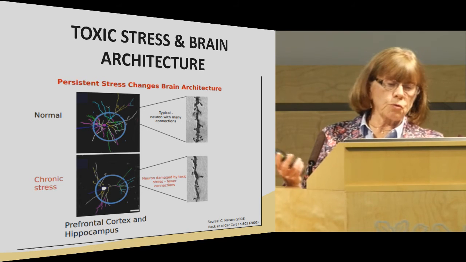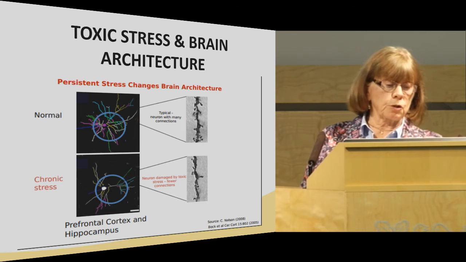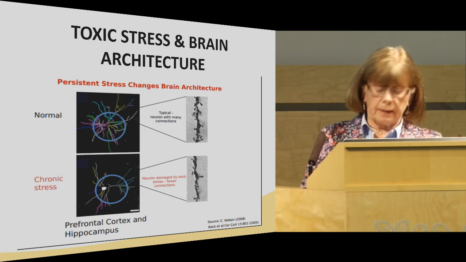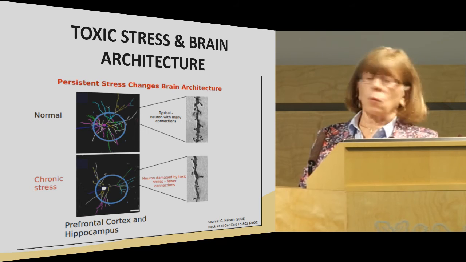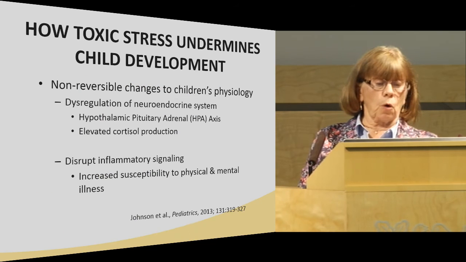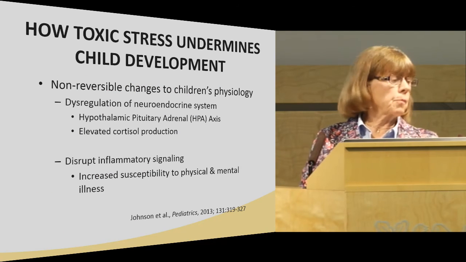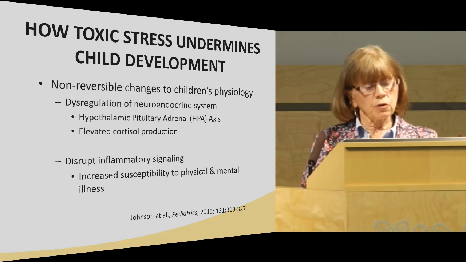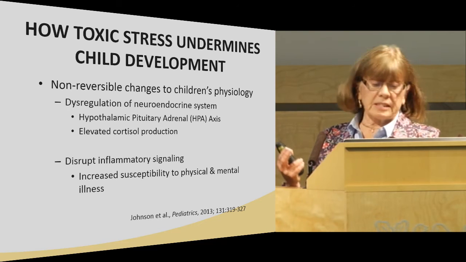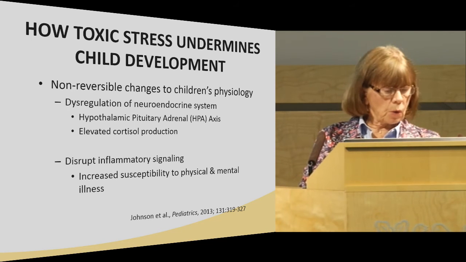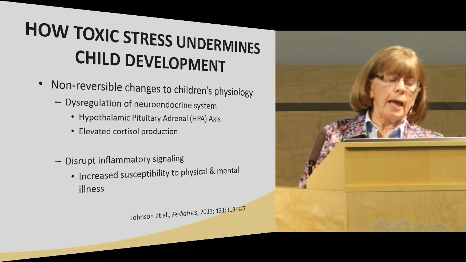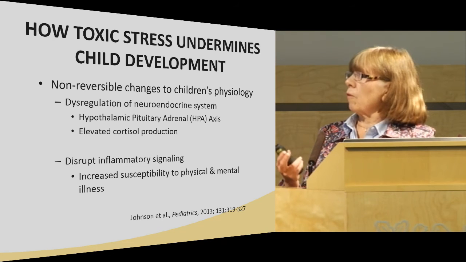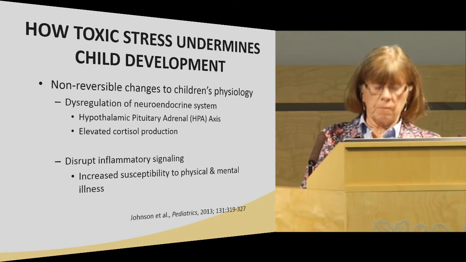So this is a portrayal of the brain architecture that's related in the case of chronic stress or toxic stress, as it's called. So we think how it undermines child development is that it has these non-reversible changes to children's physiology that then disrupts inflammatory signaling and increases their risk for physical and mental illness.